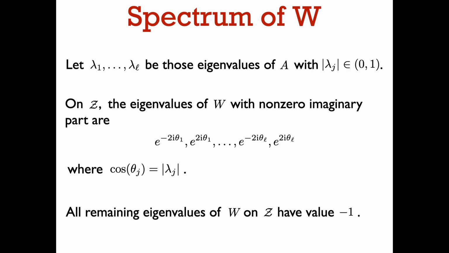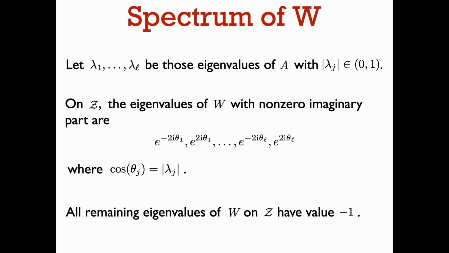Now let lambda 1 through lambda L be the eigenvalues of A whose magnitude is strictly between 0 and 1. Then the eigenvalues of W with non-zero imaginary part and that correspond to eigenvectors in Z are exactly e to the plus or minus 2i theta j, where cosine theta j is equal to the magnitude of lambda j.